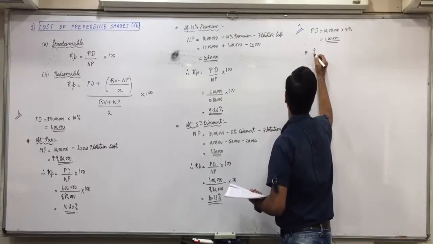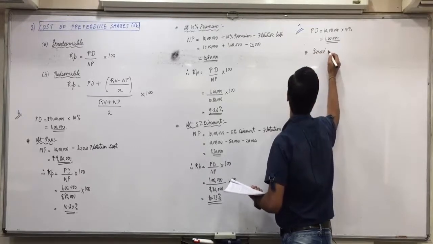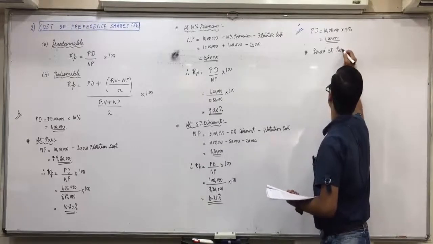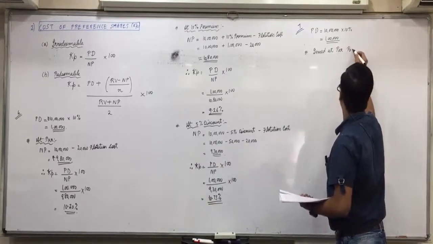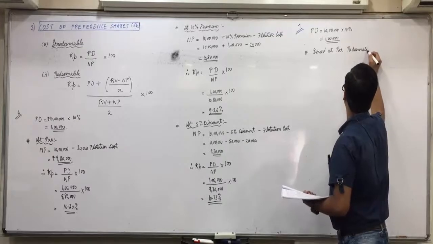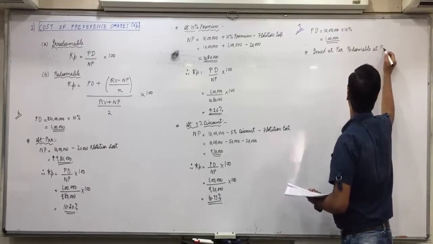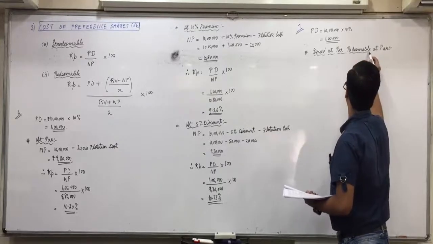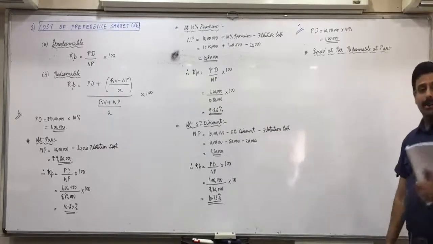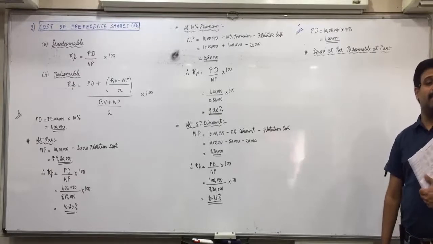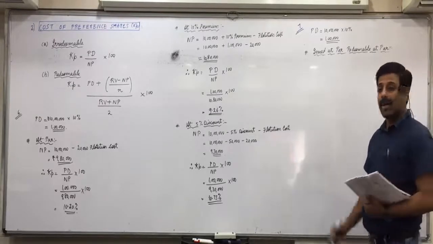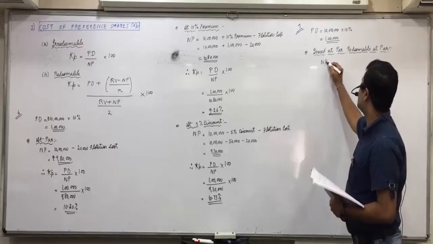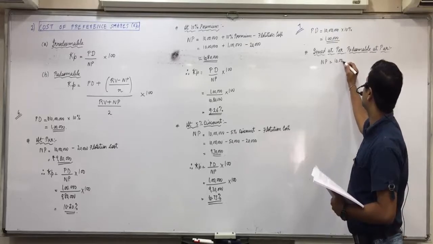Now first situation: issued at par, redeemable at par. Issued at par will give us NP, so issued at par means 10 lakhs.